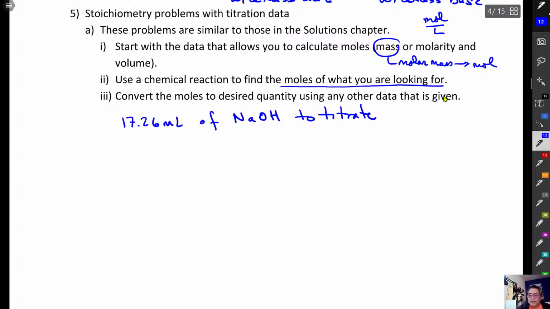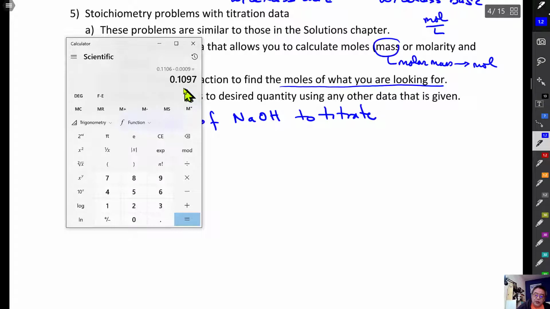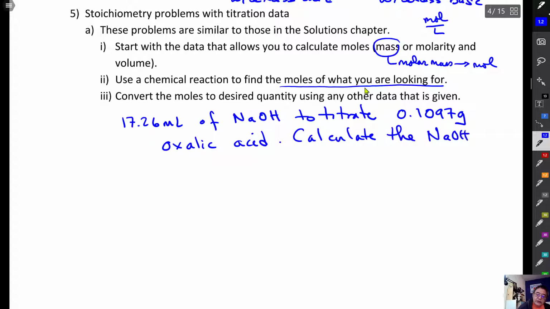And the sample mass that was used with this titration was 0.1097 grams of oxalic acid. Calculate the NaOH molarity.